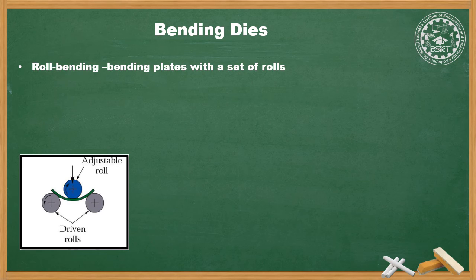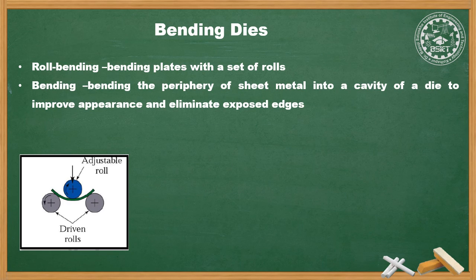Roll bending is used if the metal sheet panel is to be given a larger, smoother radius, which we can only produce in our press brake with step bending. Next is beading. Beading is bending the periphery of sheet metal into the cavity of the die to improve appearance and eliminate exposed edges.